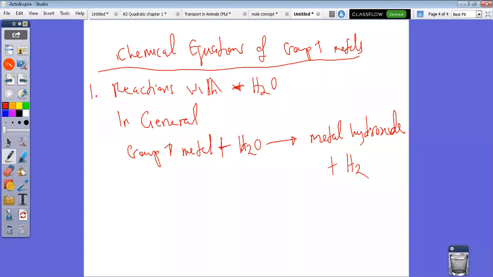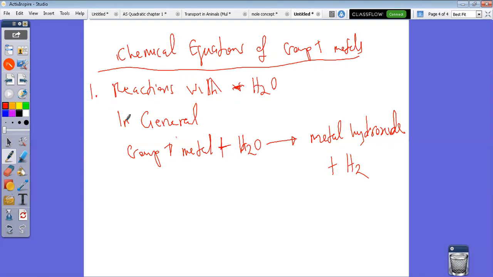It's always metal hydroxide plus hydrogen gas for all of them. Clear?